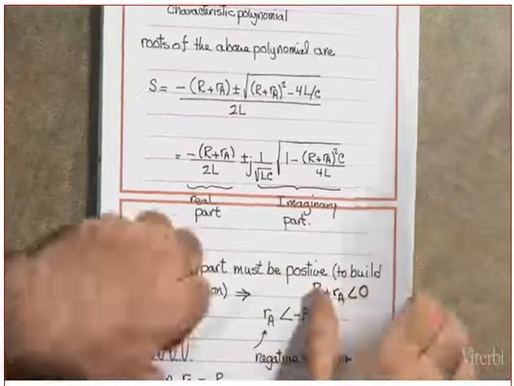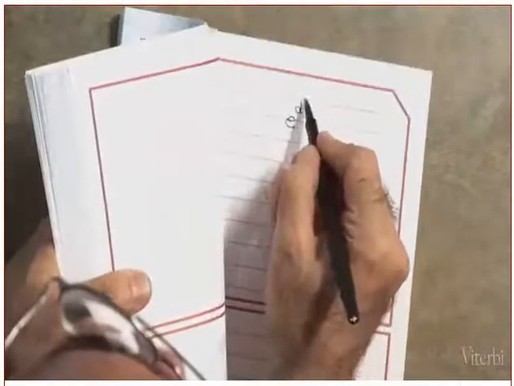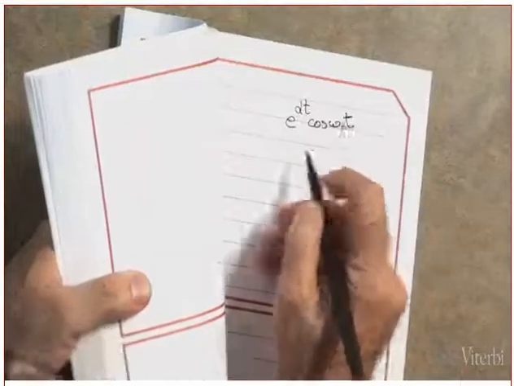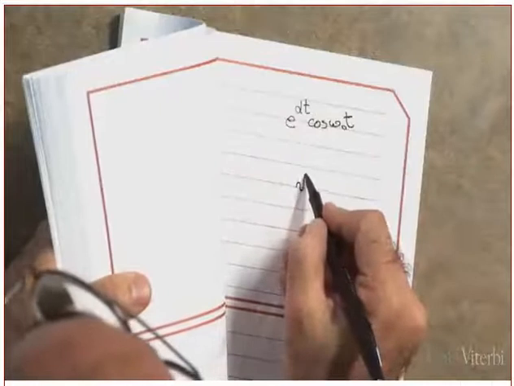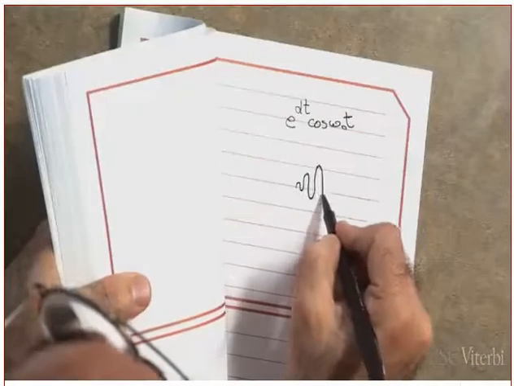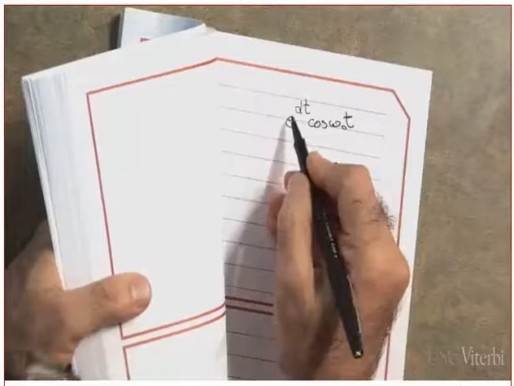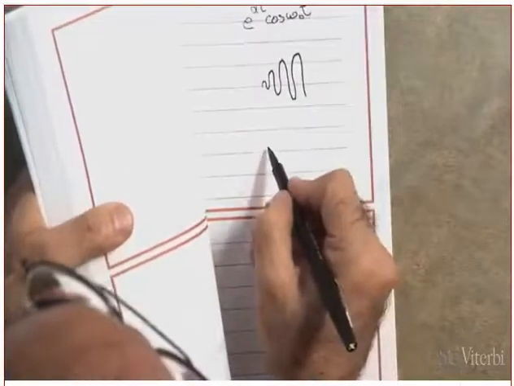Did you understand? So, in general, let me show you one thing. If you have e to the alpha t cosine omega naught t, how would you sketch this? You sketch this either through this, when alpha is greater than 0, or this.